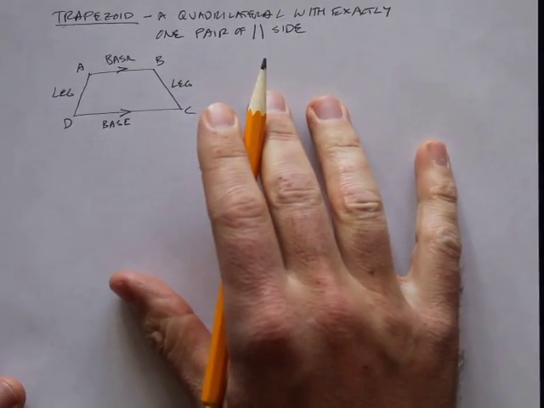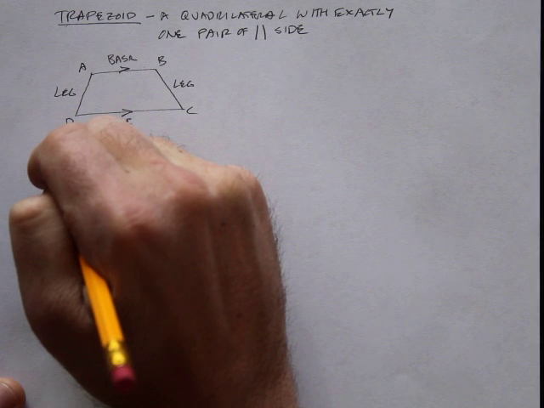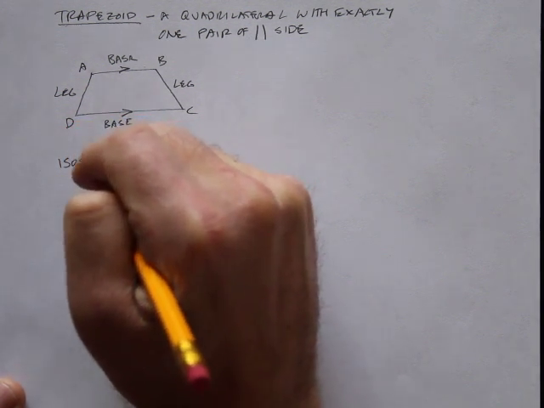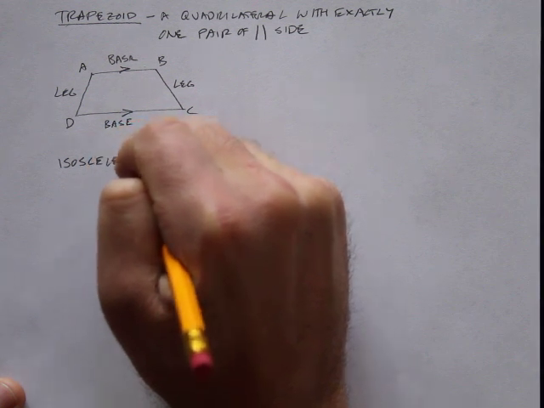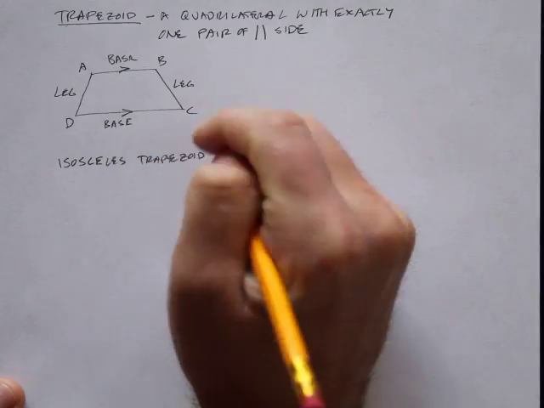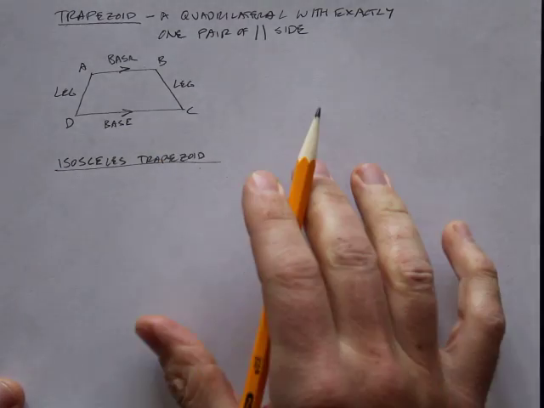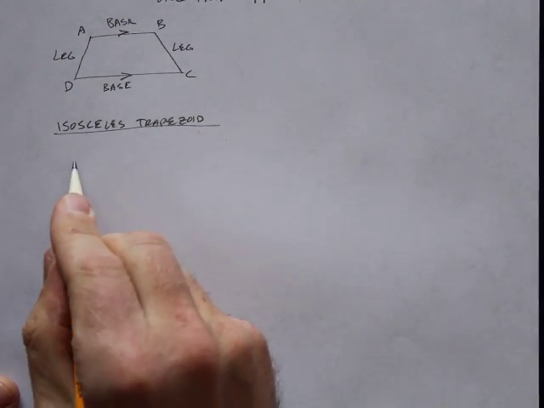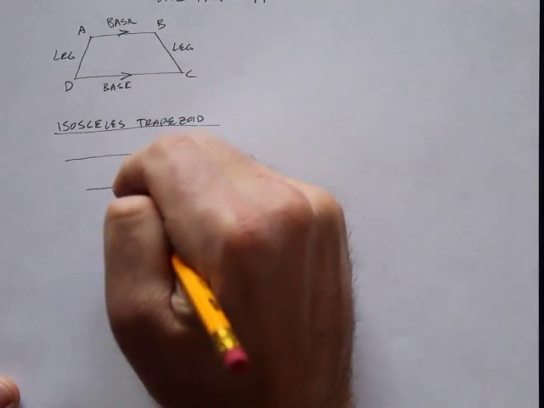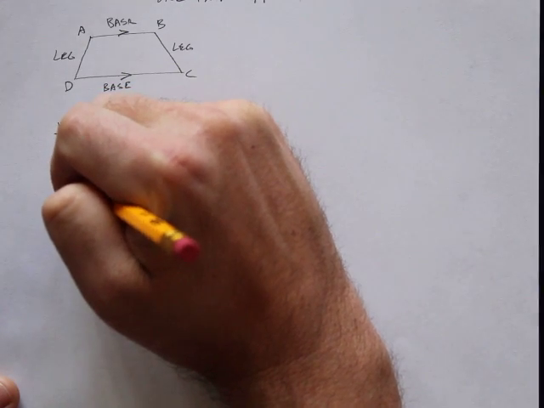Now, a lot of times when we see trapezoids, we see isosceles trapezoids. And they look like this. They might be upside down. See how I call this upside down? Really doesn't have any orientation.